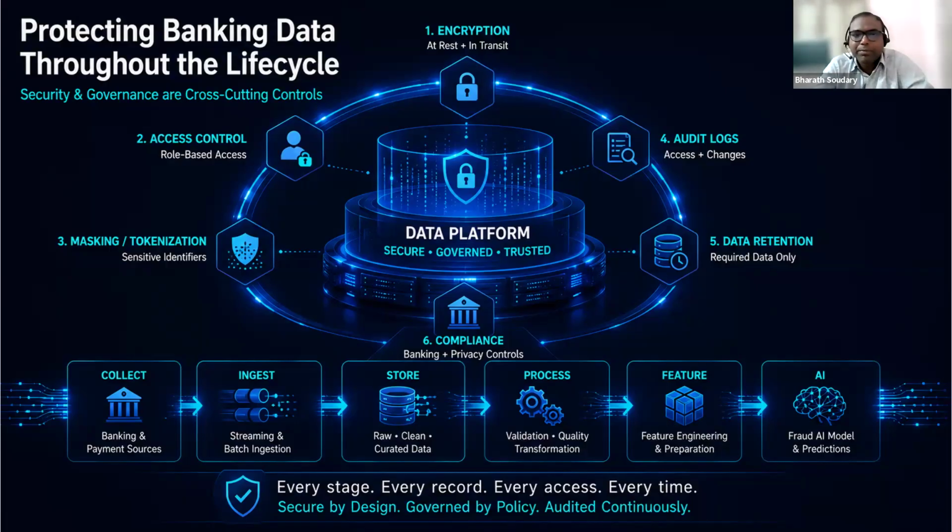Data retention: keep only the data that is required according to policy and business needs. All the rest of the information would be purged from the system. Compliance: banking systems must follow the applicable banking and privacy requirements.